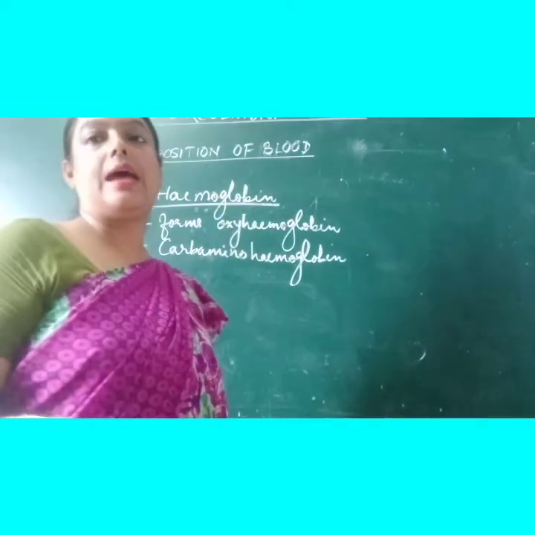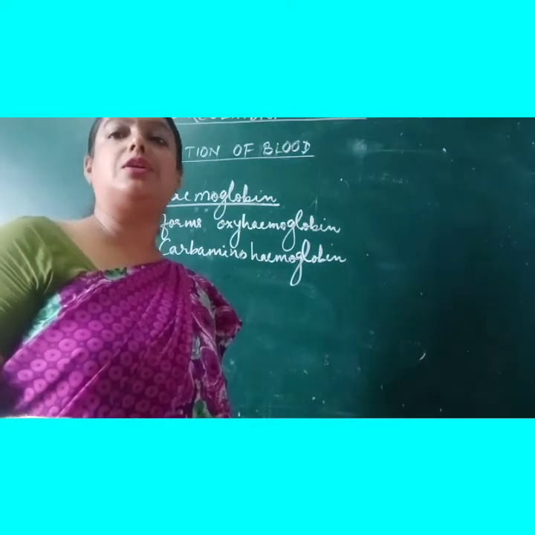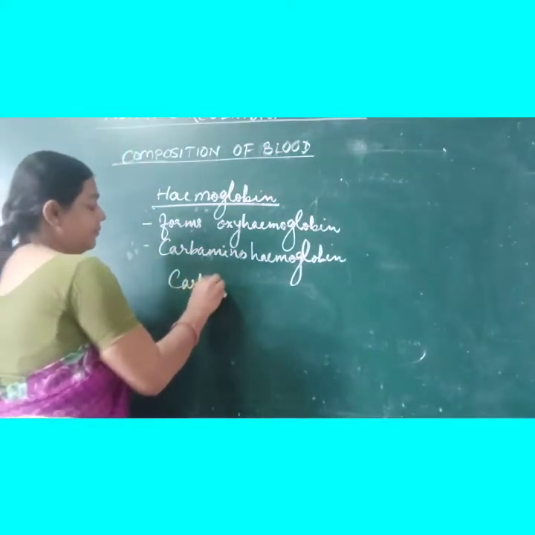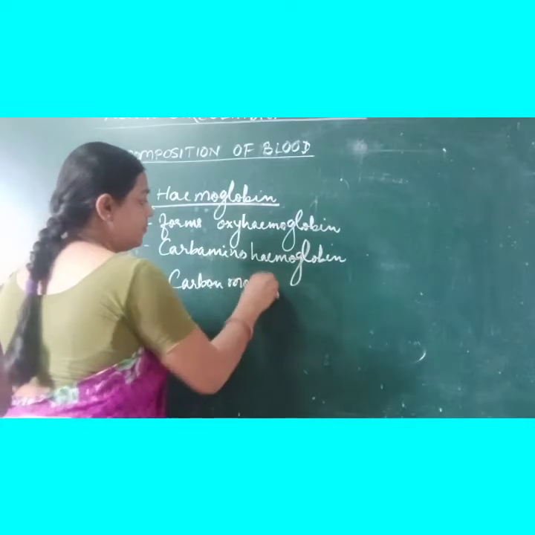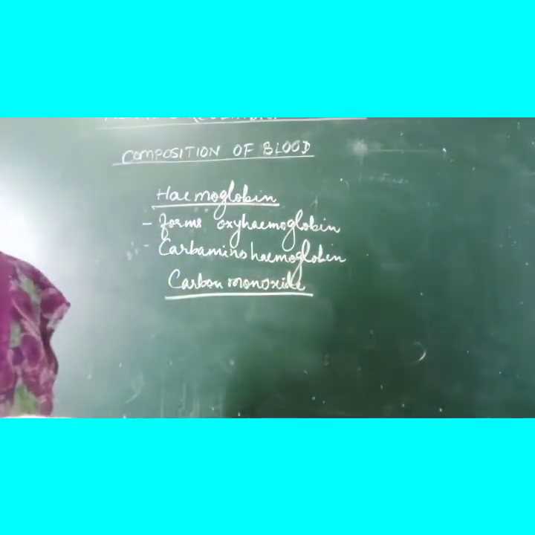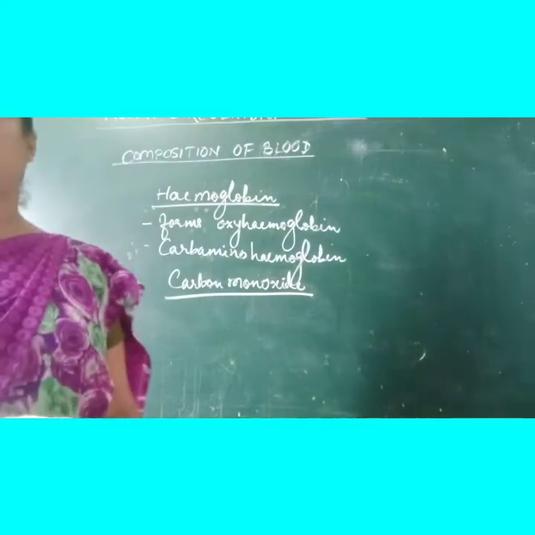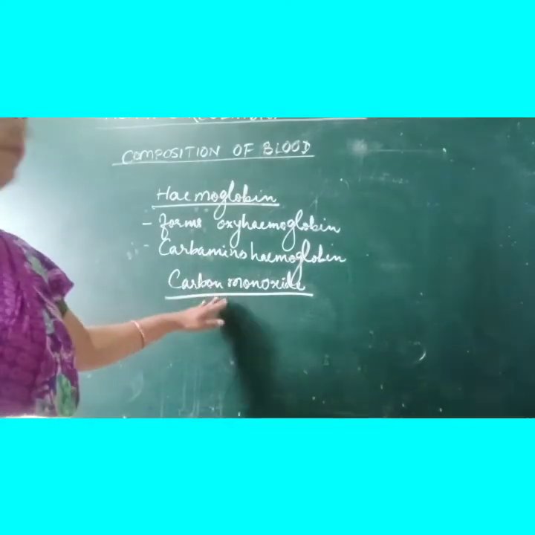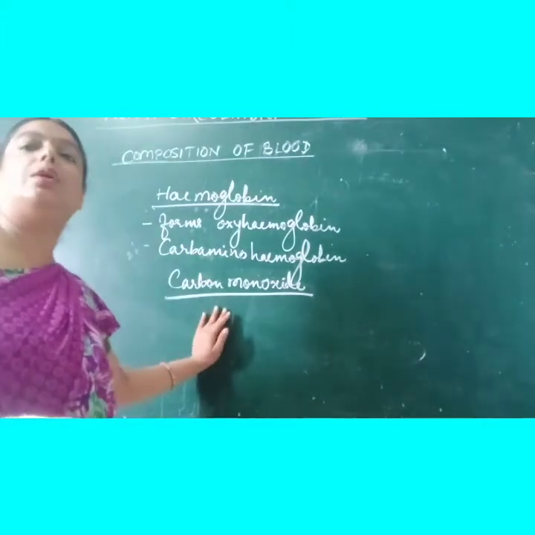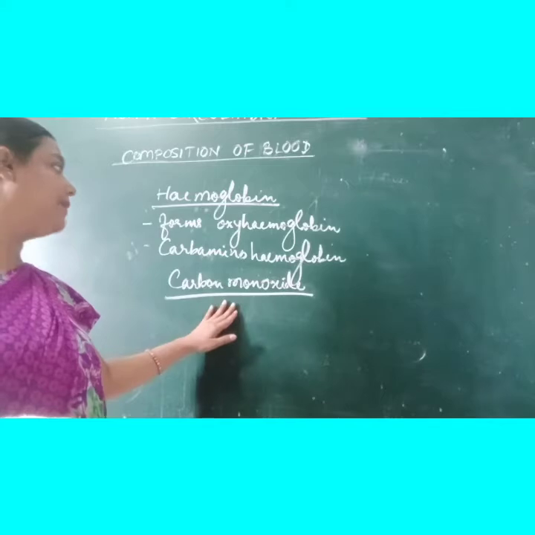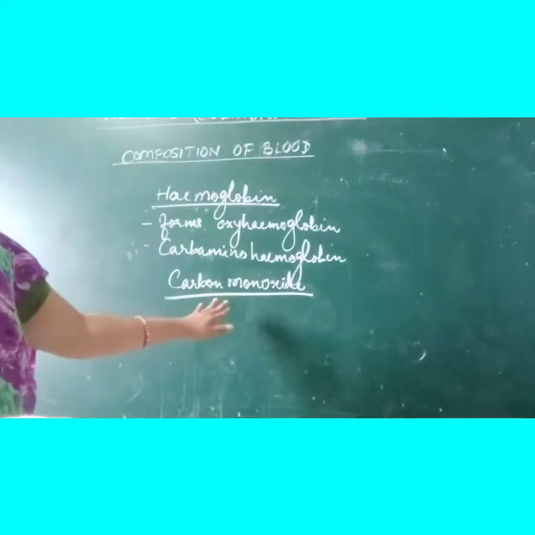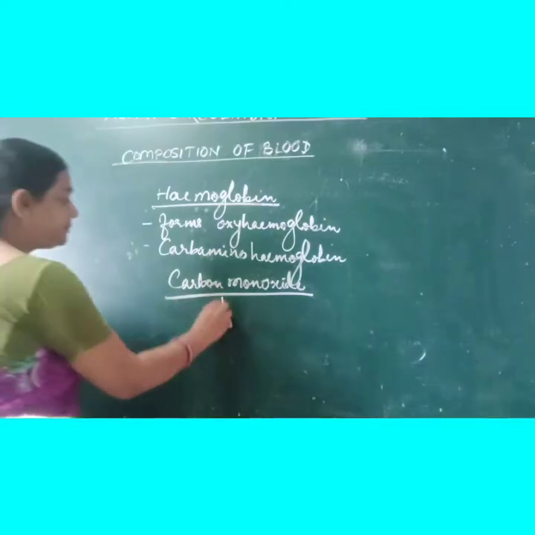This hemoglobin has maximum attraction towards carbon monoxide. They have strong affinity to combine with carbon monoxide, and when they combine with carbon monoxide, they form carboxyhemoglobin.